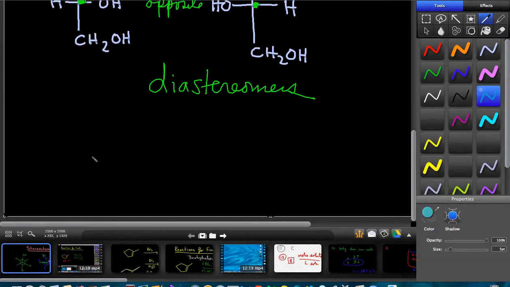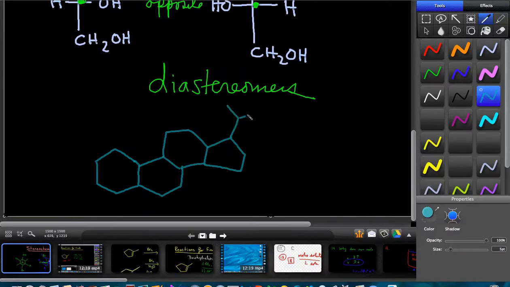For example, let's use this particular compound.